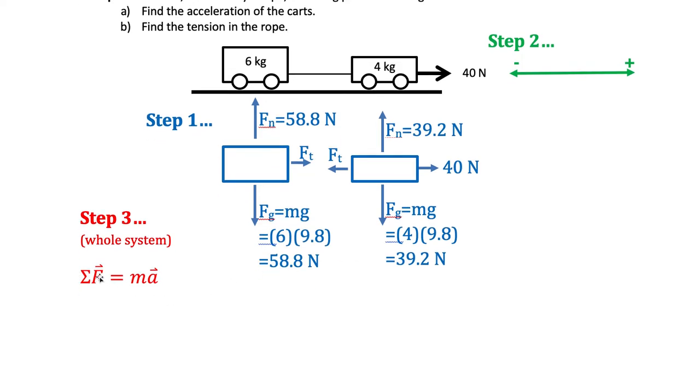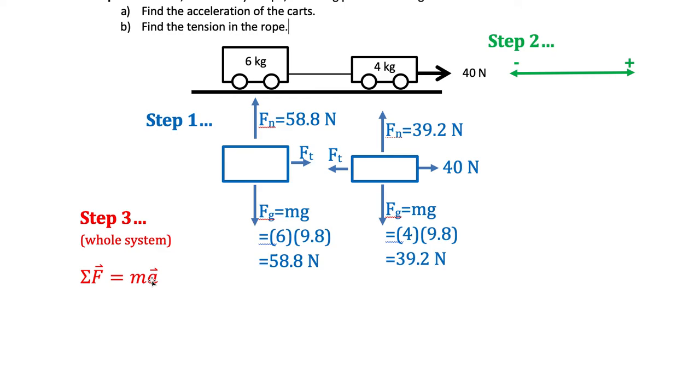I'm going to look at all the forces acting on both of these objects together and add them all together. Then this is going to be the mass of all these objects added together, and this is the acceleration of all the objects, and they're going to have one acceleration because they're tied together.